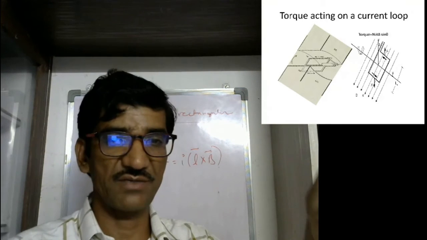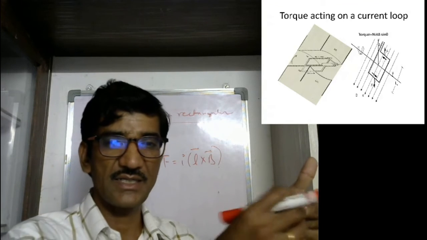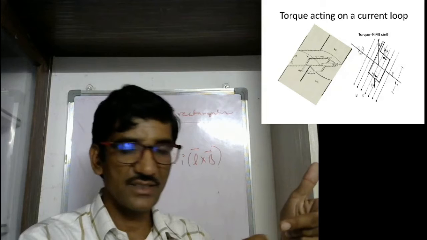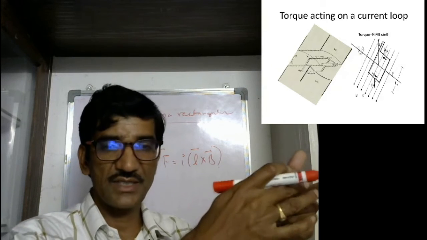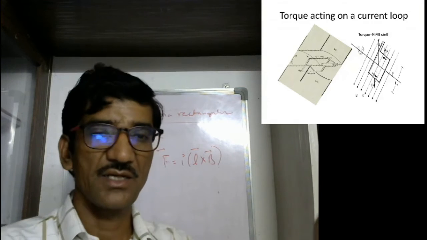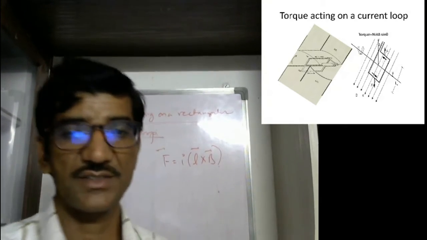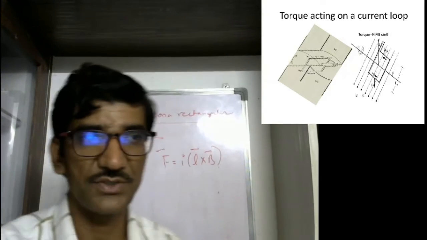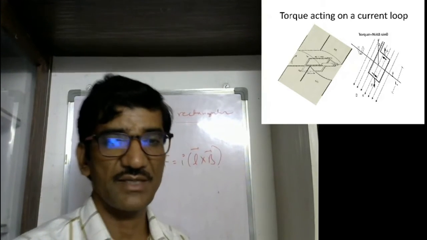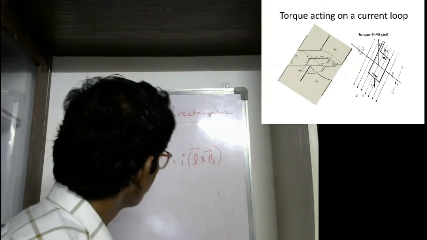You have to stretch these three fingers perpendicular to each other, align the middle finger along the conductor and the forefinger along the magnetic field. Then the thumb direction will be the magnetic force direction. This is also helpful to find the direction of magnetic force acting on the conductor.